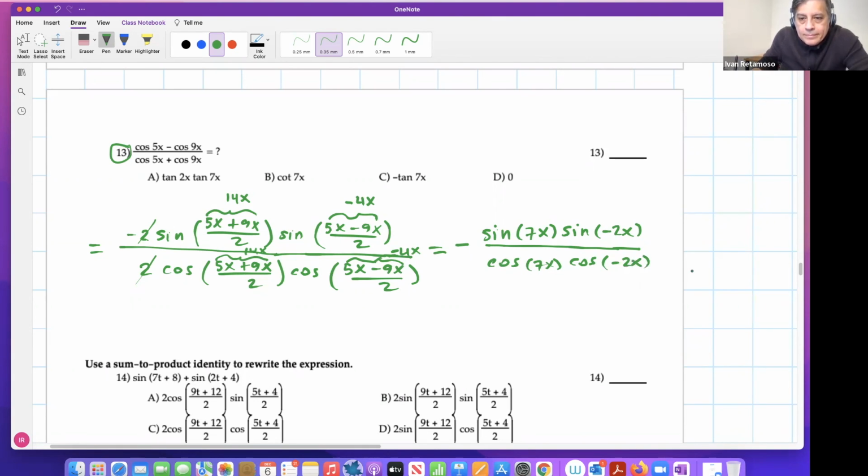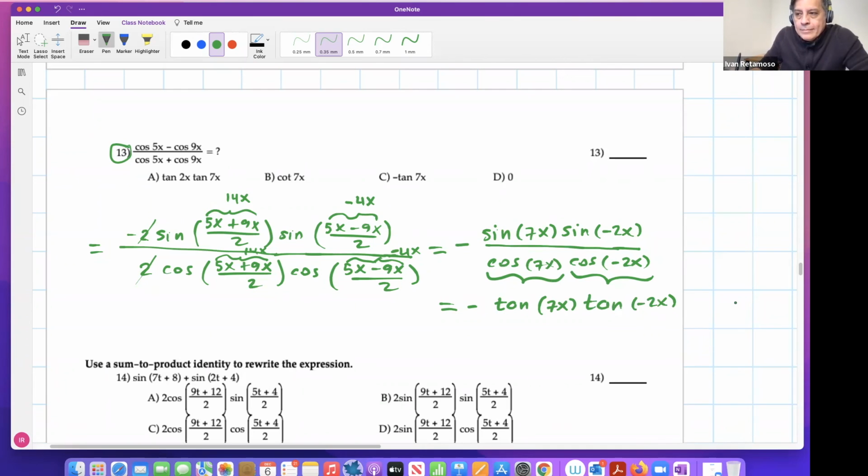Very good. Now, guys, look at this. Sine of 7x divided by cosine of 7x is just tangent of 7x according to the quotient identities. Similarly here, sine of negative 2x divided by cosine of negative 2x is tangent of negative 2x.